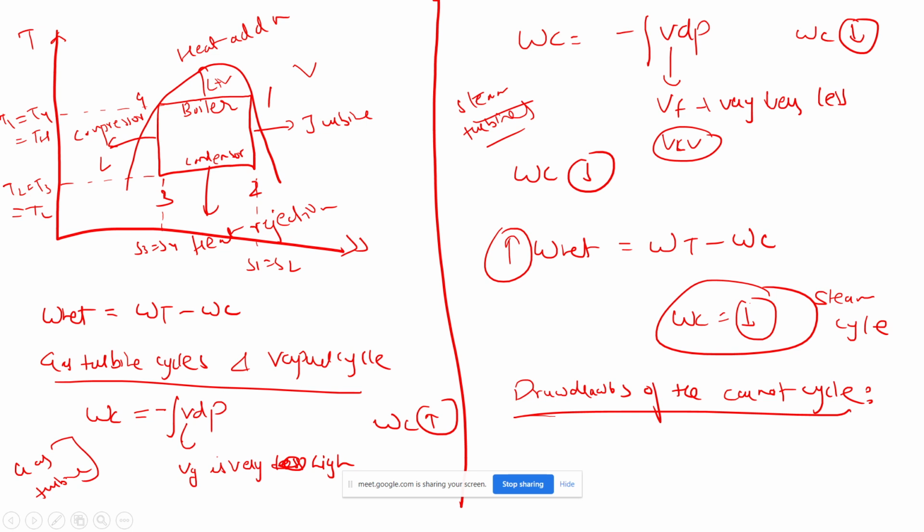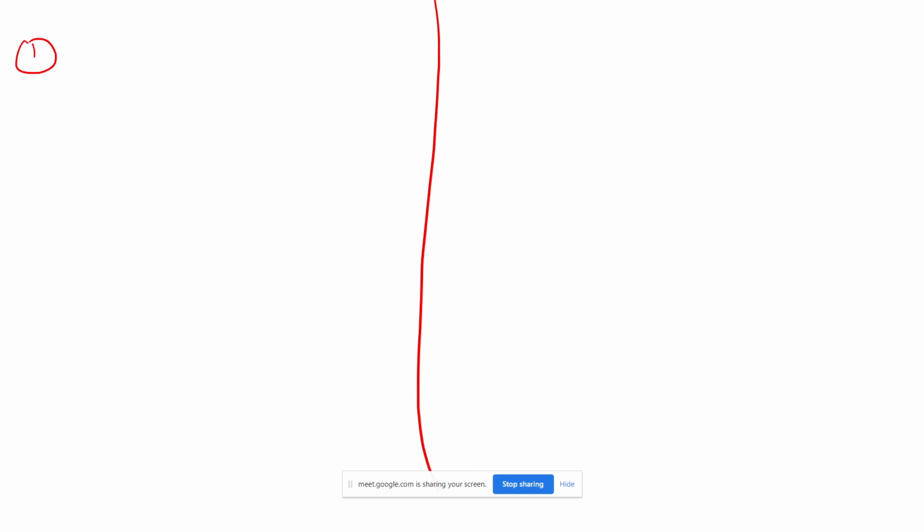So the liquid will increase the chances of erosion in the turbine at the exit, because the turbine exit is a mixture of liquid plus vapor.